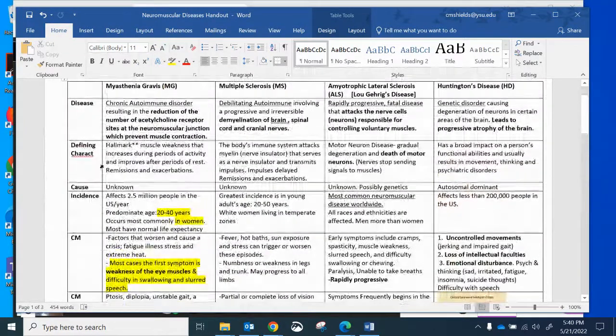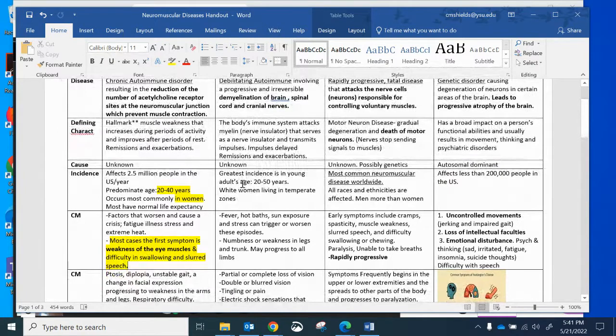So the defining characteristics: the body's immune system attacks the myelin, which is a nerve insulator that transmits impulses. Impulses are delayed, again, with remissions and exacerbations. So this is just an explanation of the picture I just showed you. Greatest incidence is in young adults age 20 to 50 years.